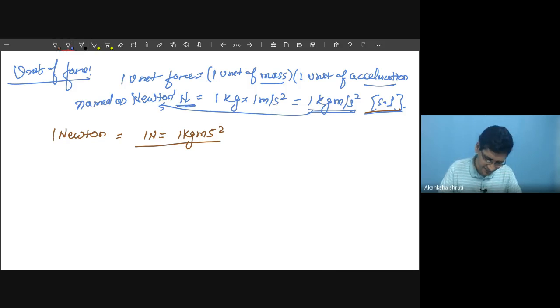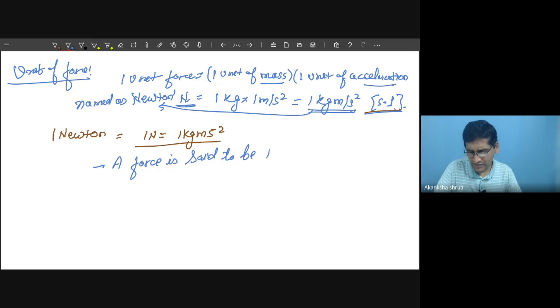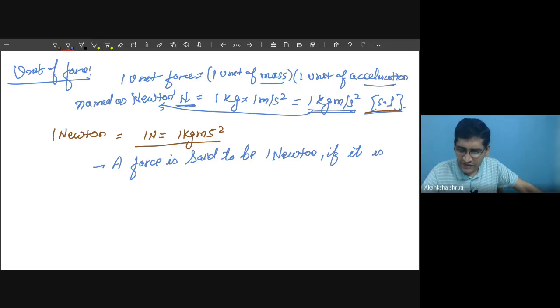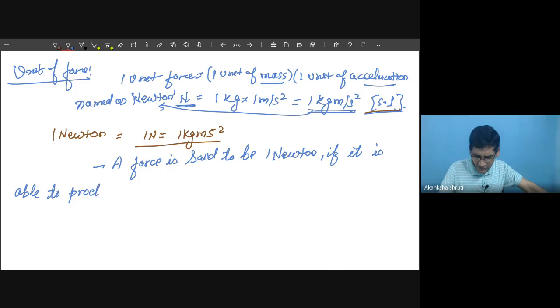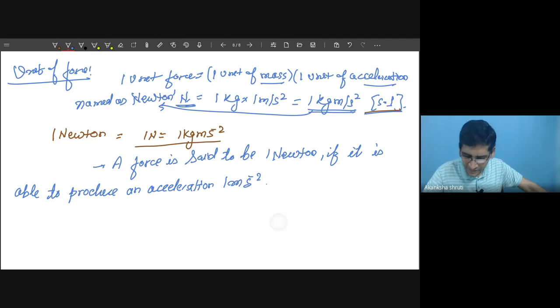So how is the definition? Force is said to be 1 Newton if it is able to produce an acceleration of 1 meter per second square in a mass of 1 kg.